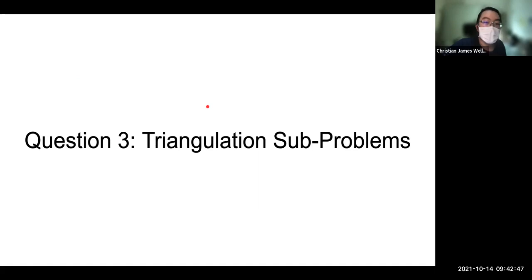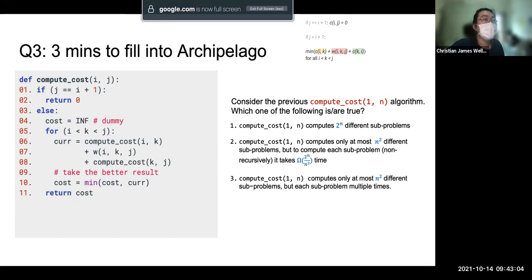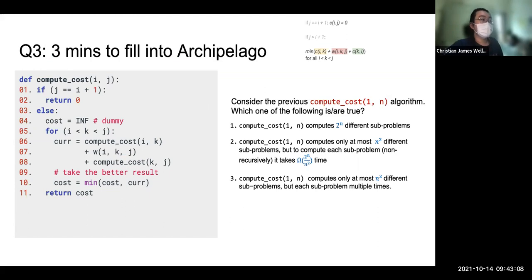I'll just go on. So now it tells you this, right? For this algorithm, they want you to answer questions about how many sub-problems there are and maybe the time taken to solve it. So what do you think? Fill in the blanks.